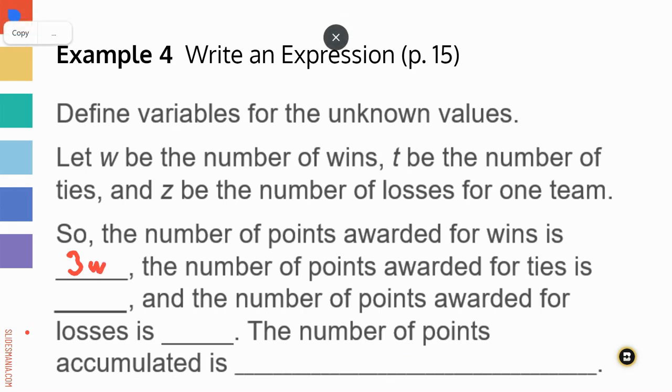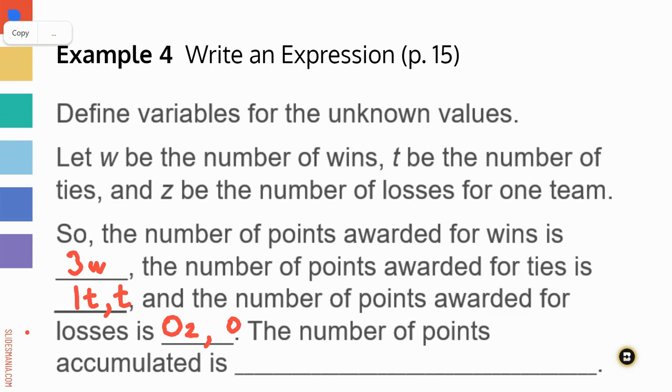The number of points awarded for ties is going to be 1T. You could also just say T instead of 1T. And the number of points awarded for losses is 0Z, or just 0.